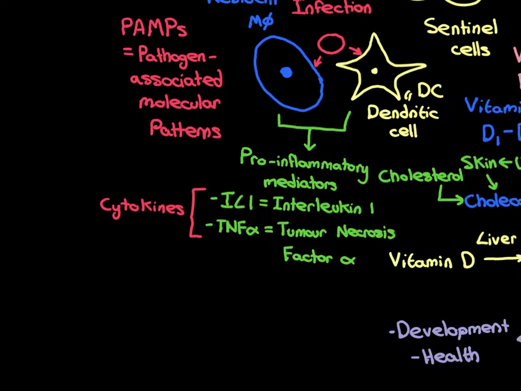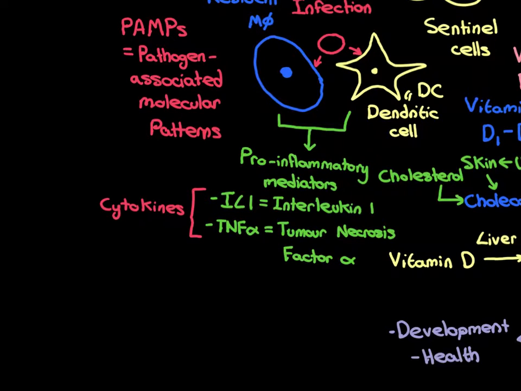So let me say that again. Pro-inflammatory cytokines are proteins released by cells of the immune system which will go and act on other cells, not necessarily cells of the immune system. Indeed, these are going to go and act on endothelial cells of the microvasculature, and they will change the behavior of those other cells. Okay, so that's why mediator is broader than cytokine, because mediator doesn't put the requirement that it needs to be a protein, whereas cytokines are proteins.